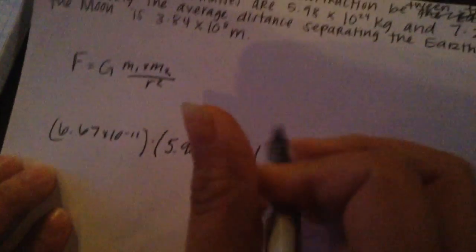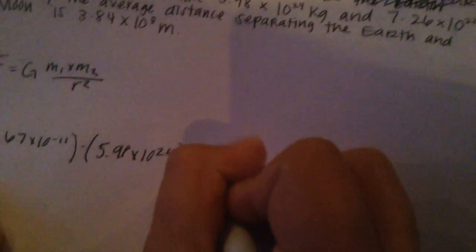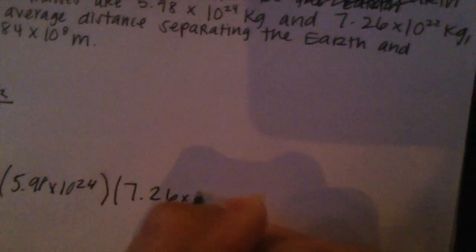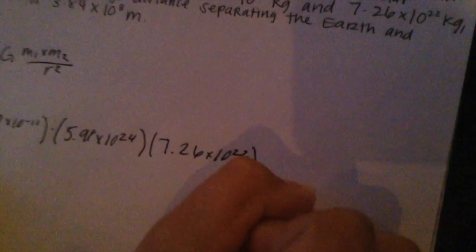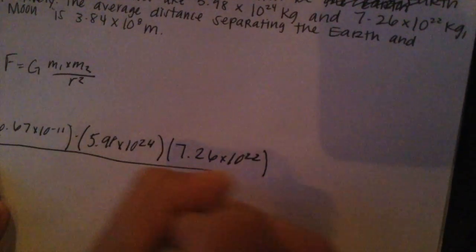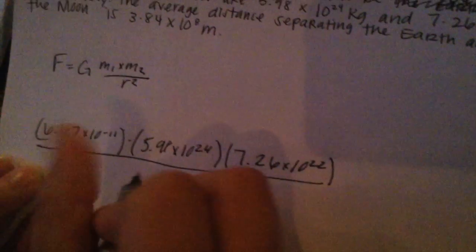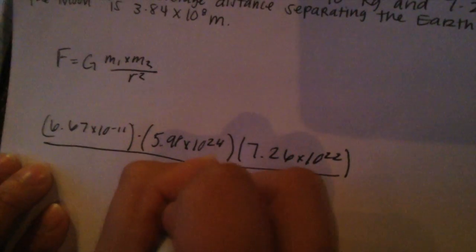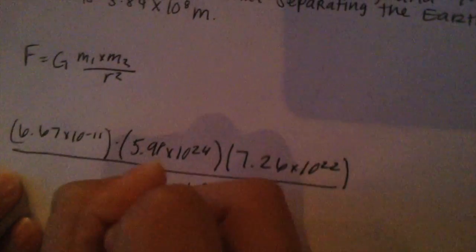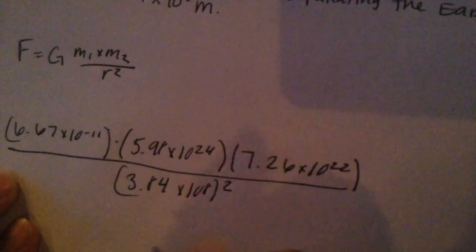Now we plug in our second one, which is 7.26 times 10 to the 22, divided by the distance between the Earth and the moon, which is 3.84 times 10 to the 8th power, but we're going to square it.